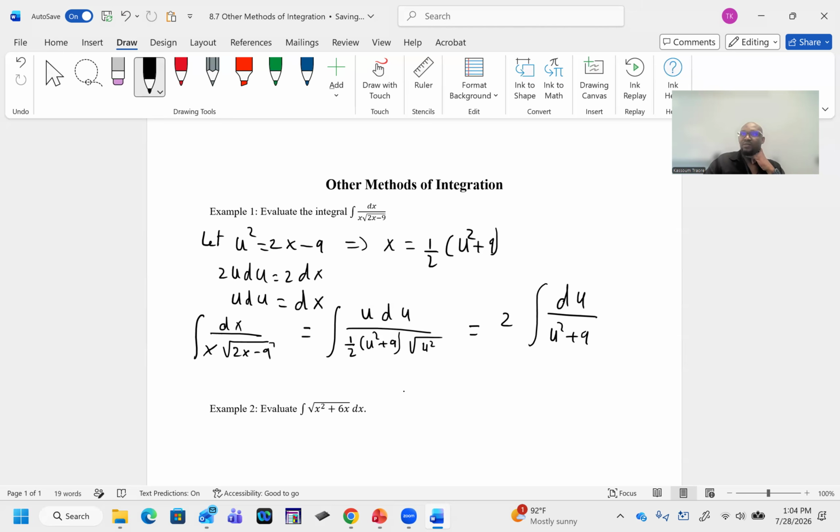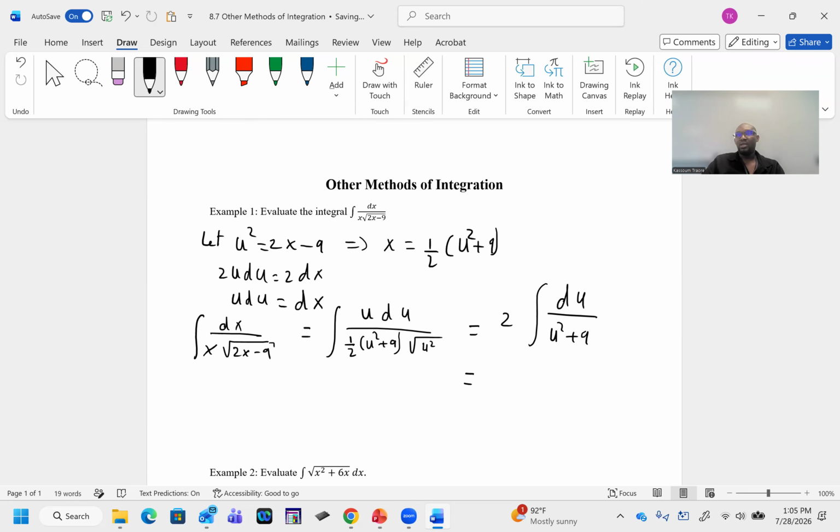And you can see, you can find this one in your table of integration. So that is why, again, I'm going to write this one by looking at your table of integration or your integral formula. So this is like tangent inverse. Your a is 3 because it's u squared plus 9.